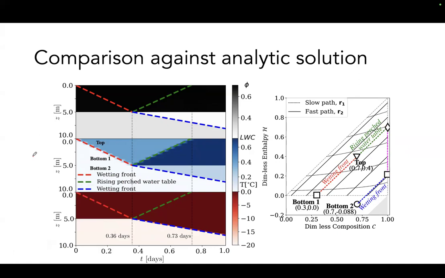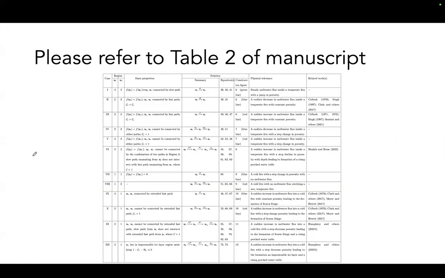Moving forward, I would like to refer you all to table 2 of the manuscript. In that table, we have mentioned what kind of case it is. You have seen the video, but if you want to refer directly to the table, I would strongly suggest that if you don't have enough time to read the manuscript, just look through the table.